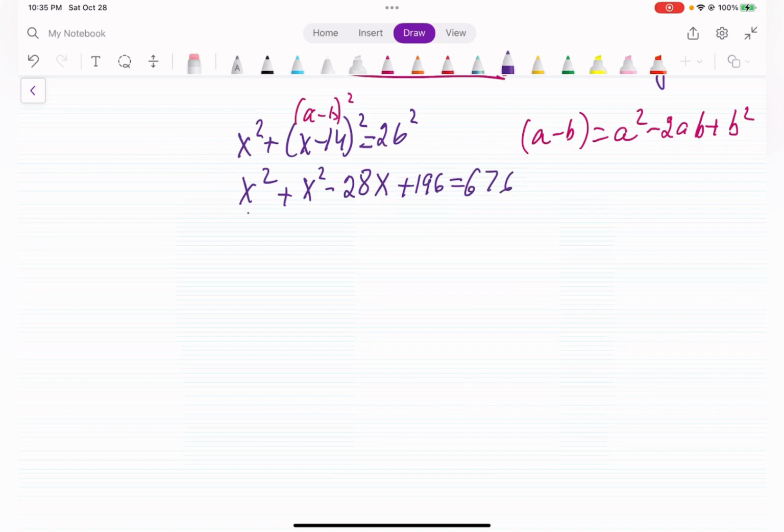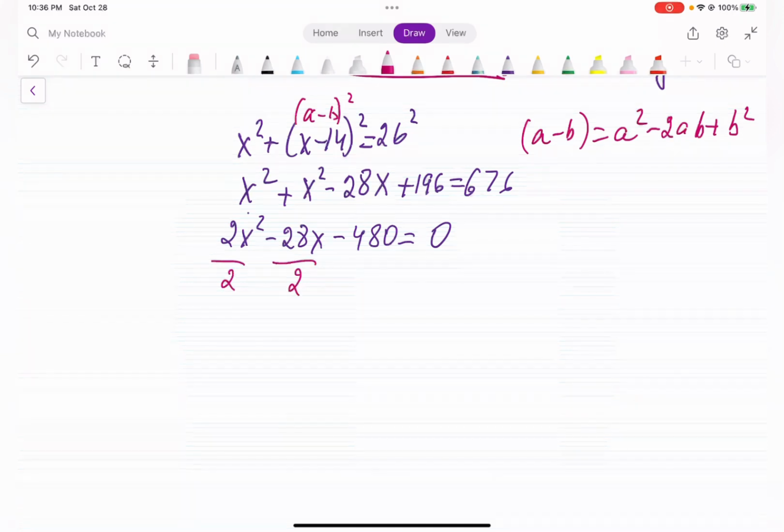Okay. So we are getting 2x squared minus 28x. 676 minus 196, it's going to be 480. Now we can take 2 out, or we can reduce by 2, right? If this were just an expression, meaning we wouldn't have an equal sign, then I couldn't just reduce like that.